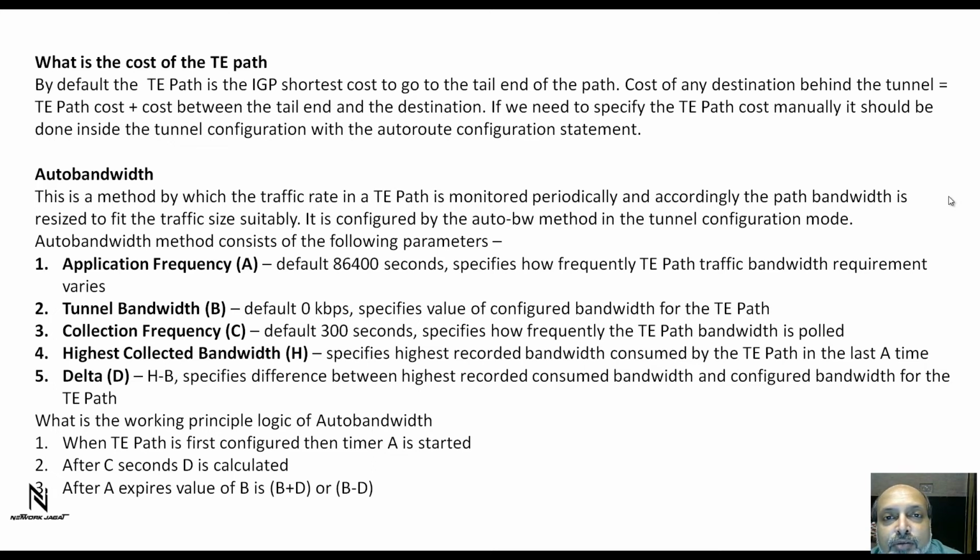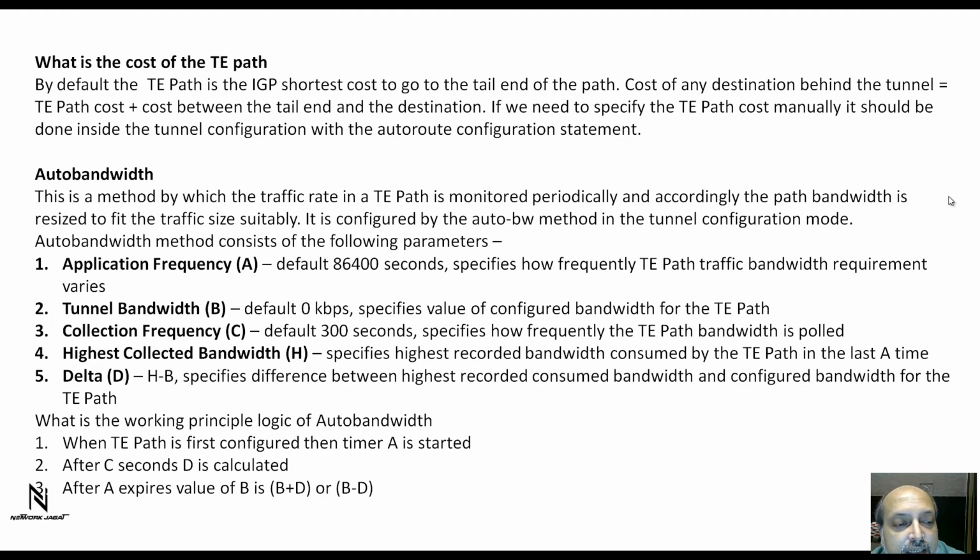Yes, my bandwidth requirement has gone high, so I need to expand the path. So how is this kind of intelligence imparted? That intelligence can be imparted if the path is under observation or polling, right?